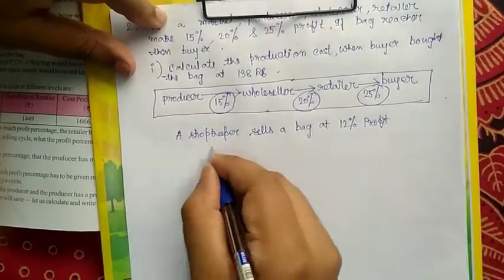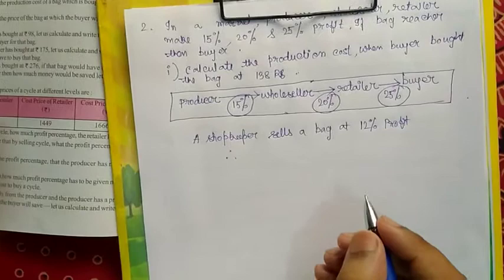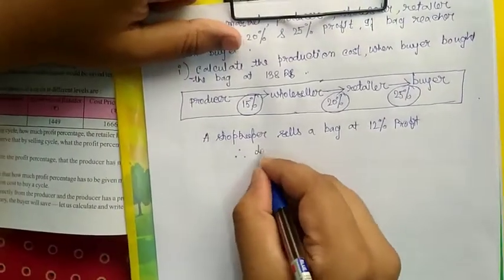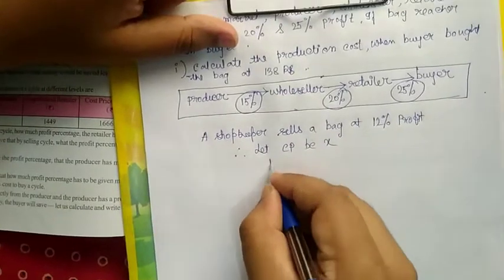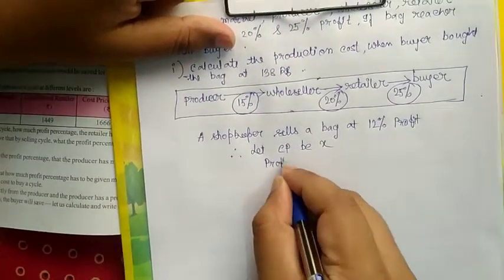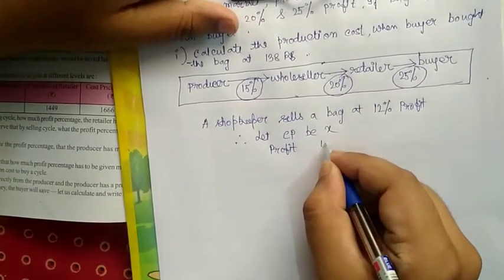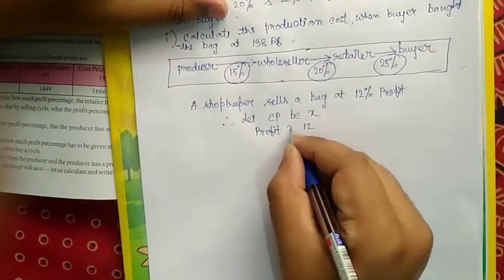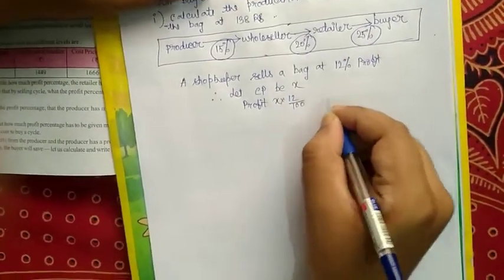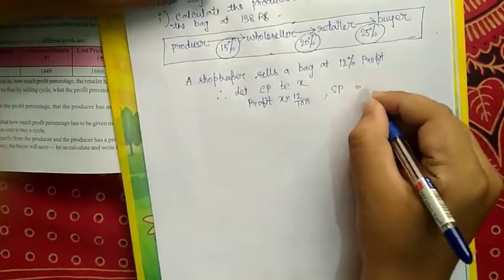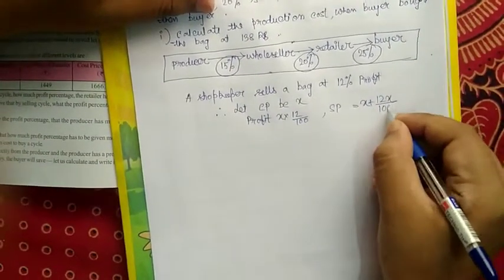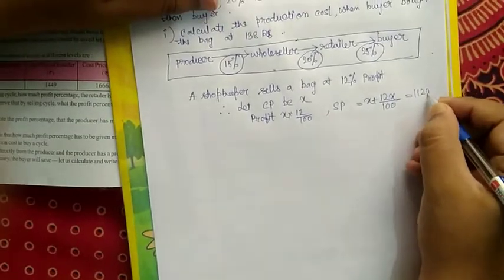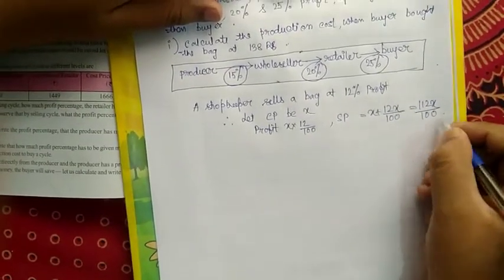So what do we do? We let CP be x. So profit is x into 12 by 100. So SP is x plus 12x by 100. So therefore 112x by 100. We do it in this procedure.